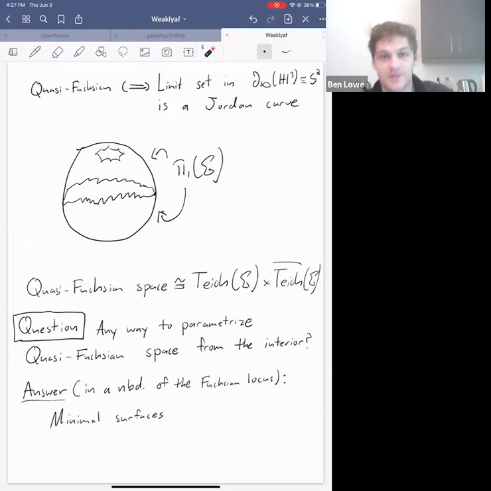It could be something bad, like the whole S2 at infinity, or something else that's bad. But if we're quasi-Fuchsian, then because we have this nice control on the ends, we know the boundary at infinity has to be this Jordan curve. For example, in the Fuchsian case, the trivial case I just mentioned, the limit set is just going to be a round circle.